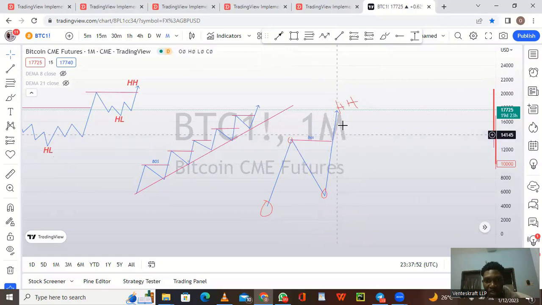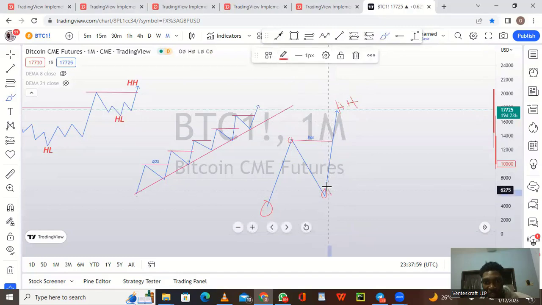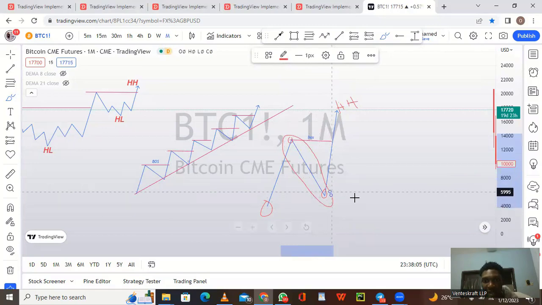This particular move to the upside is the impulsive move. This particular move is known as the pullback. The pullback is the move that creates the higher low in a bullish market, while the impulsive move is the move that creates a break of structure to the upside in a bullish market.